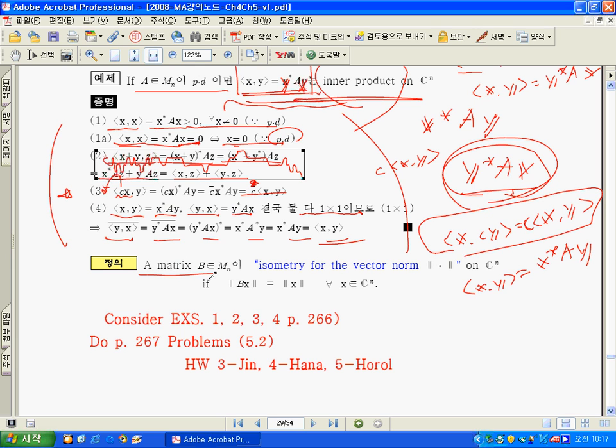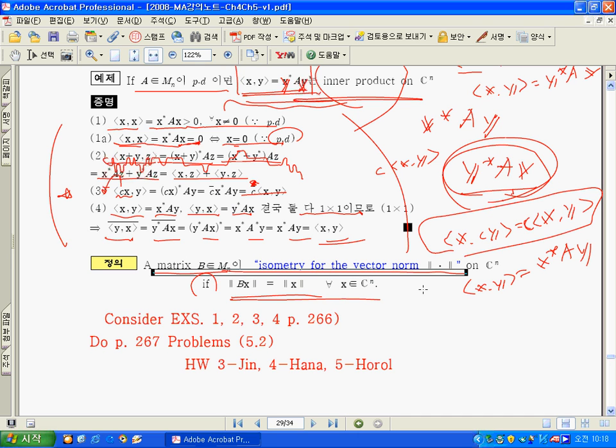The matrix A and matrix B is called an isometry for the vector norm if the vector norms are the same. I think we have seen it already. If this is true for all vectors x, then it is an isometry.